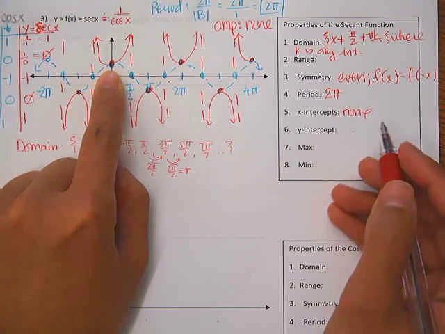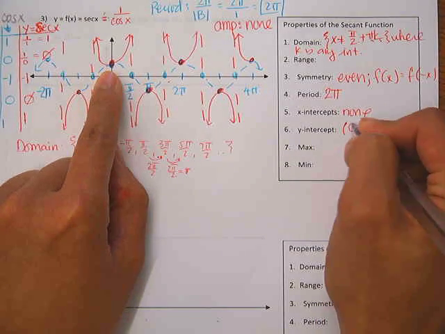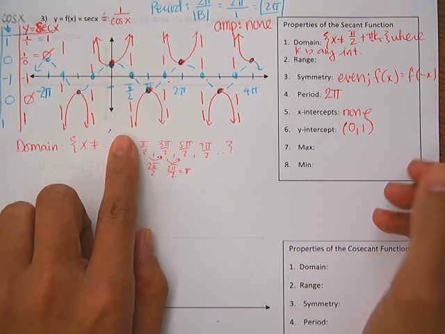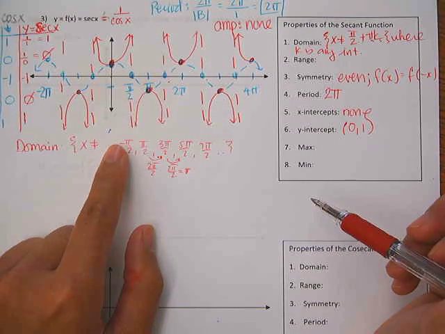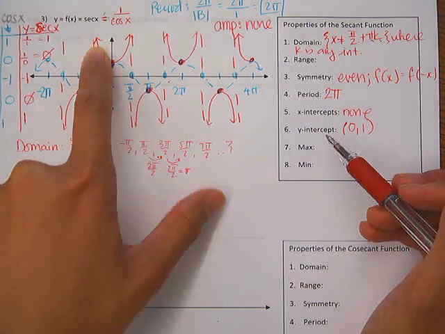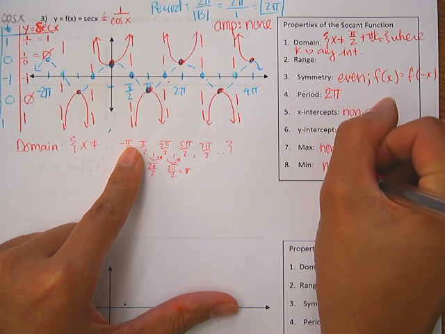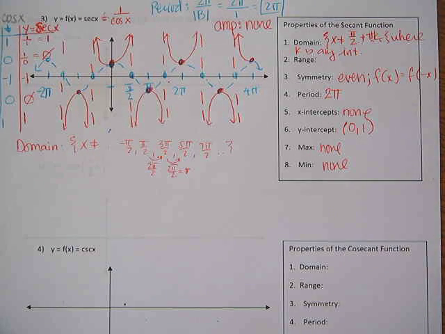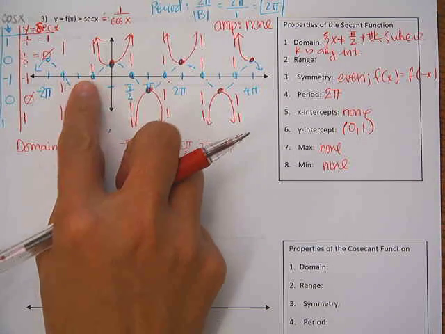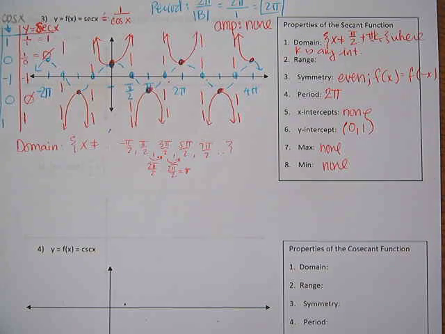Y-intercept, we have one dot and only one dot at 0, comma 1. Maximum and minimum, we don't have either one because it goes up forever and it goes down forever. Okay, and that's why we don't have an amplitude. So that's what y equals secant of x looks like, and that's how secant is related to cosine.